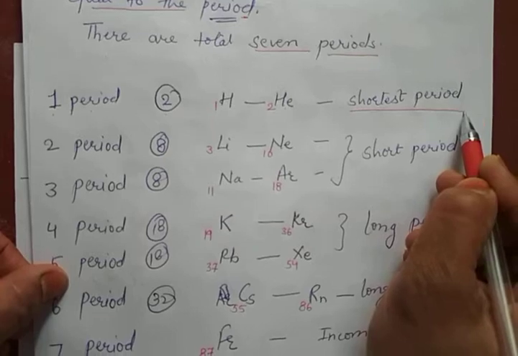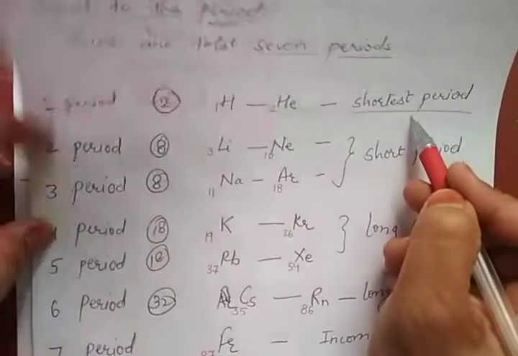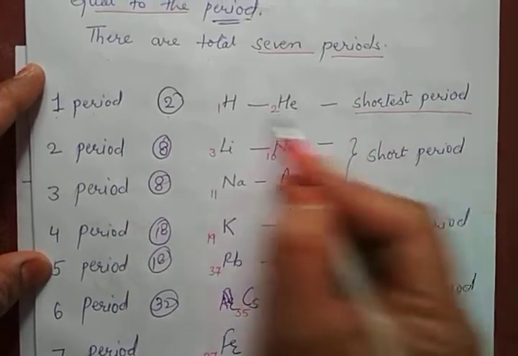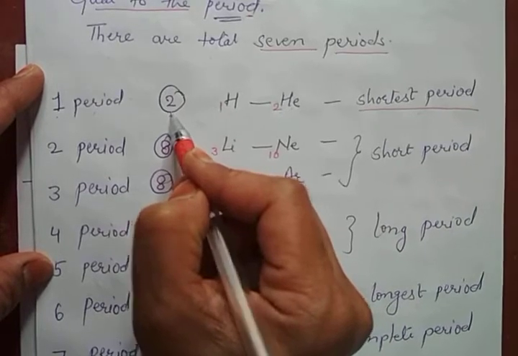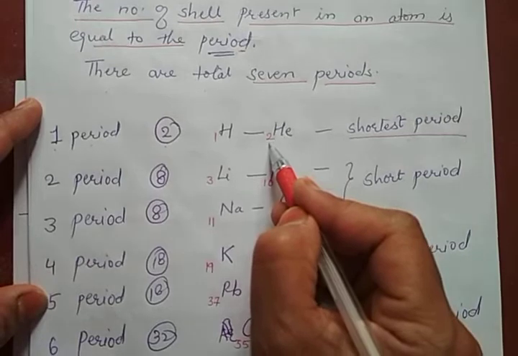It can be asked in the exam: which period is the shortest period and why? Then we can write that the first period is called the shortest period because it contains only 2 elements, hydrogen atomic number 1 and helium atomic number 2.